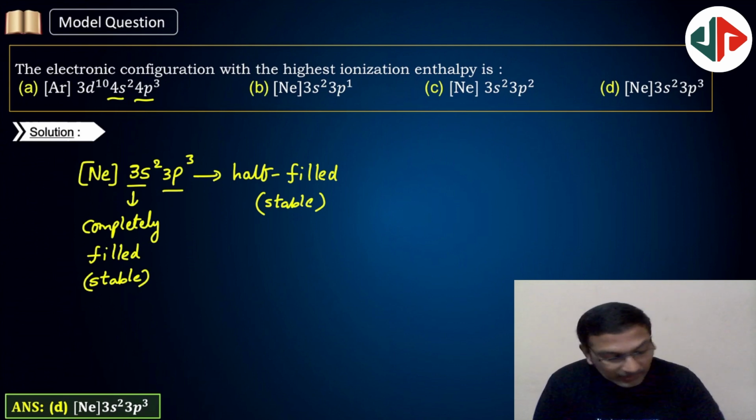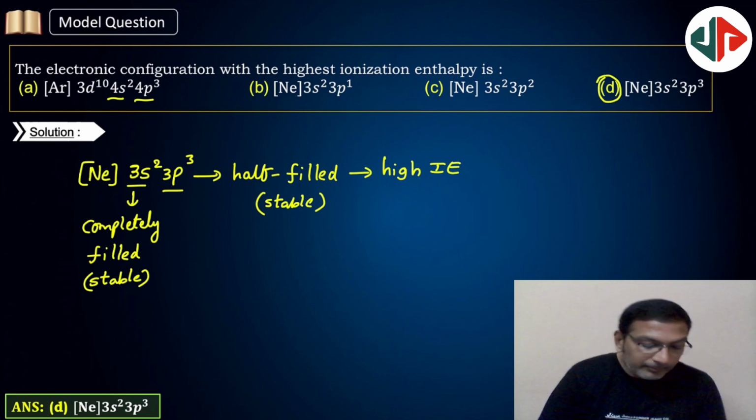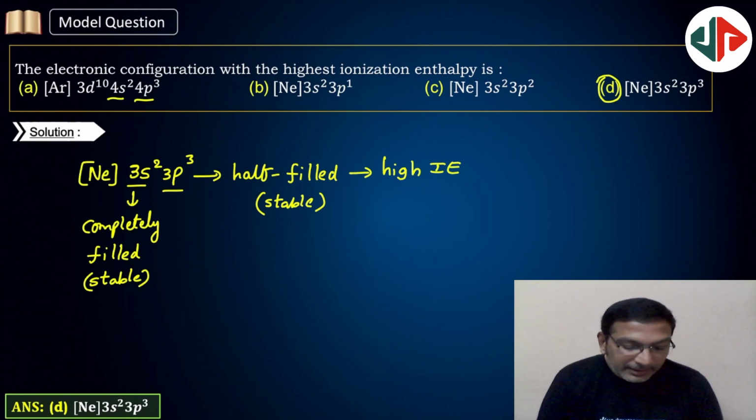Therefore, option D. High ionization energy. Neon core 3s2 3p3 is placed nearer to nucleus. Therefore, nuclear attraction will be more on neon core 3s2 3p3. Therefore, ionization energy is highest for neon core 3s2 3p3 due to stable configuration, and also it is placed nearer to nucleus.